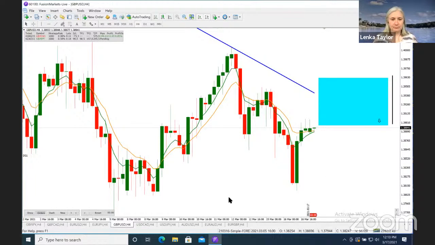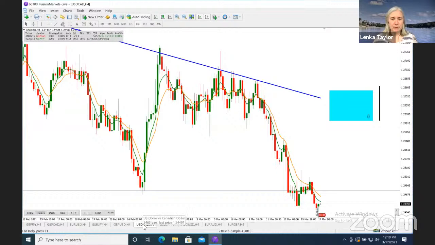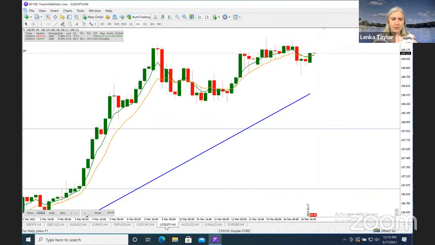The next currency pair is USD/CAD. That one's at the moment already too far away from the trend line, so I'm not looking to enter or re-enter. USD/JPY hasn't had a good enough pullback to the trend line, so I'm not looking to enter that at the moment.